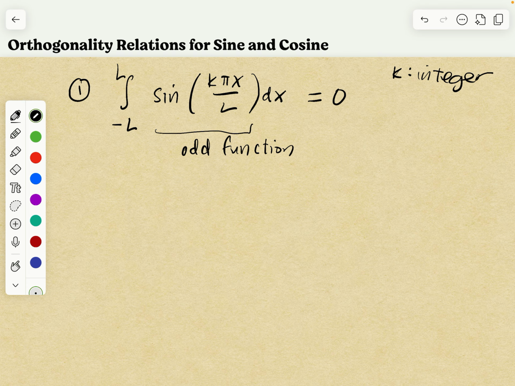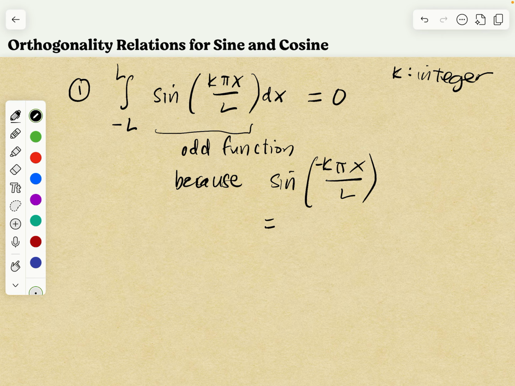Why is this an odd function? Because if you replace x by negative x, you get a negative here.